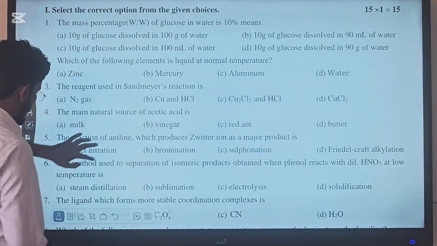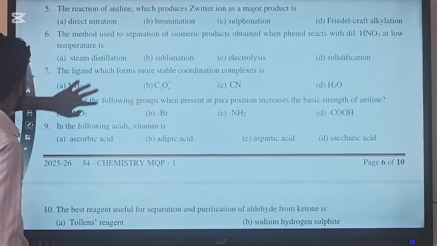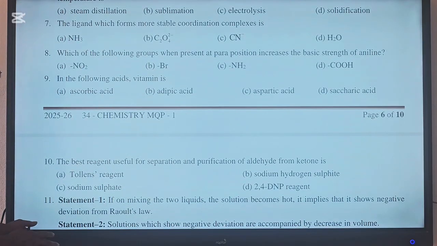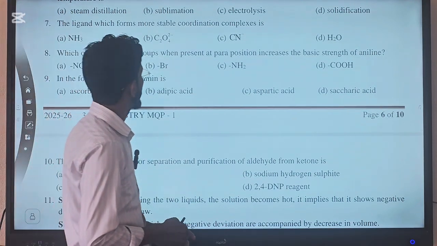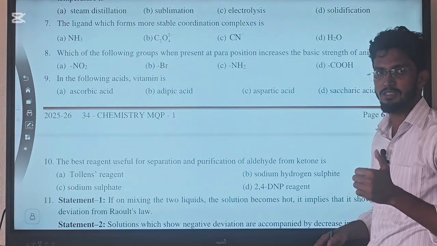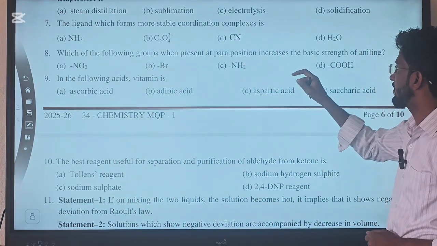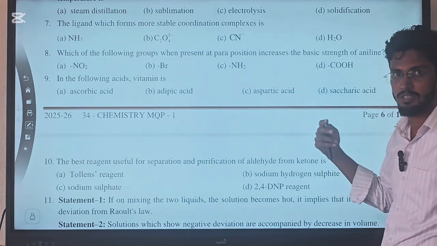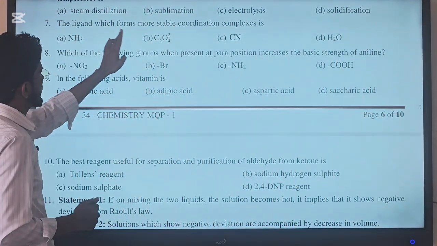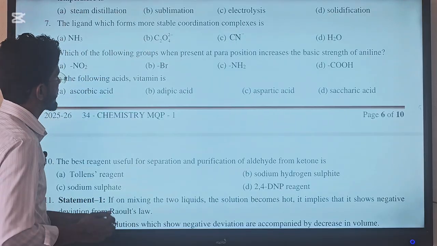Now after question number 6, question number 7: the ligand which forms the more stable coordination complex, out of the series of ligands. The stronger the ligand, the more stable the coordination complex.